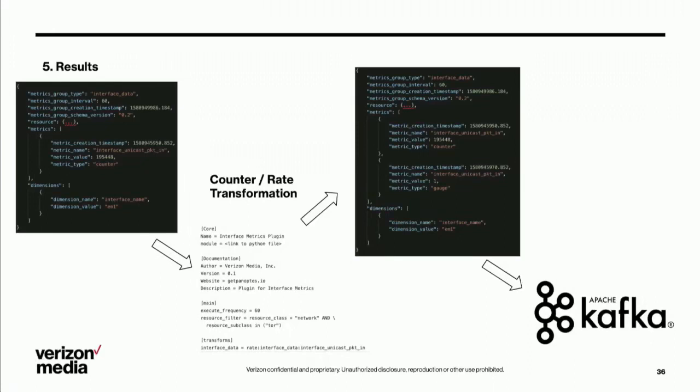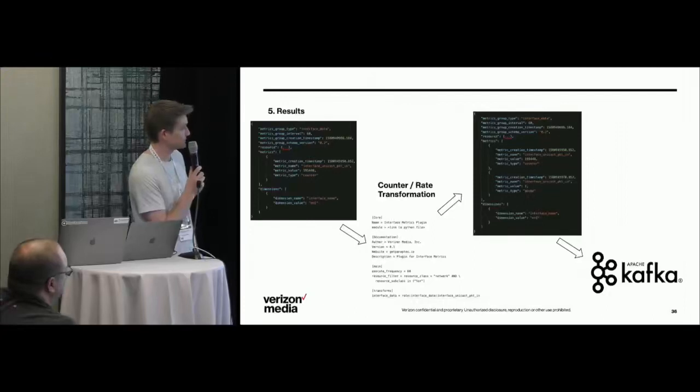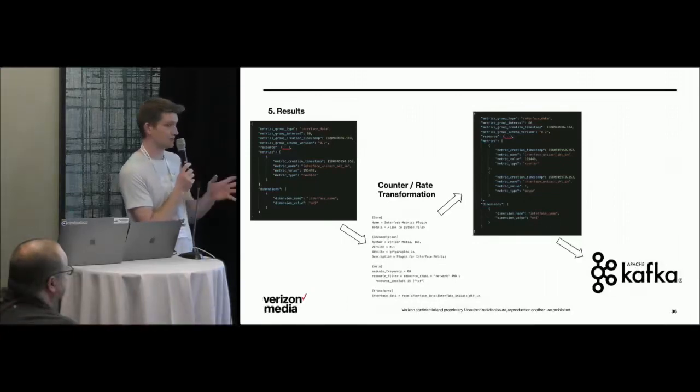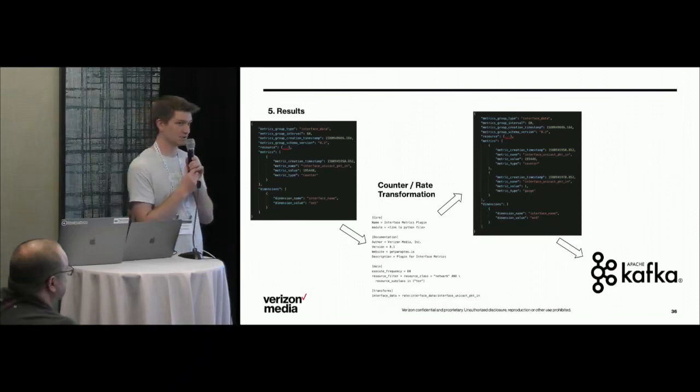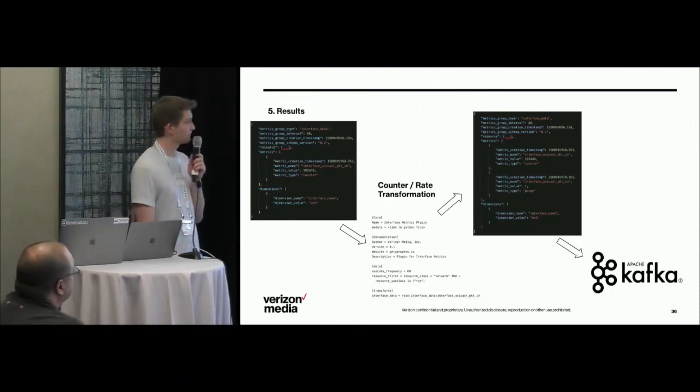We specified some rate transformations within the file, so it's going to perform those transformations, and the actual output is both a counter and a gauge. And then the output is piped to the messaging system, and it's consumed however the consumers are set up. So that's basically a plugin.